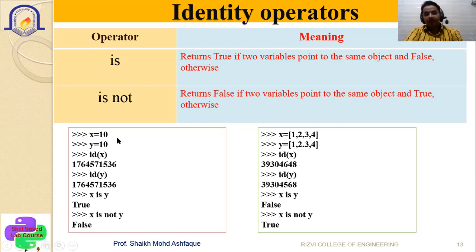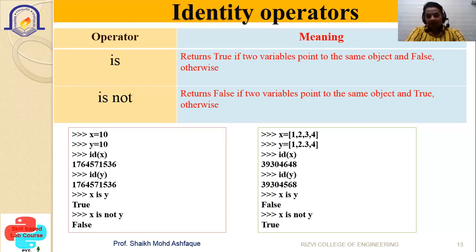As you can see in the first example on the left-hand side, x is equal to 10 and y is equal to 10. Two variables are assigned the same value. Whenever you check the ID or the address of x, it is 17645715536. Similarly, when you check the ID of y, it is the same as the previous one, meaning the same tag is assigned.